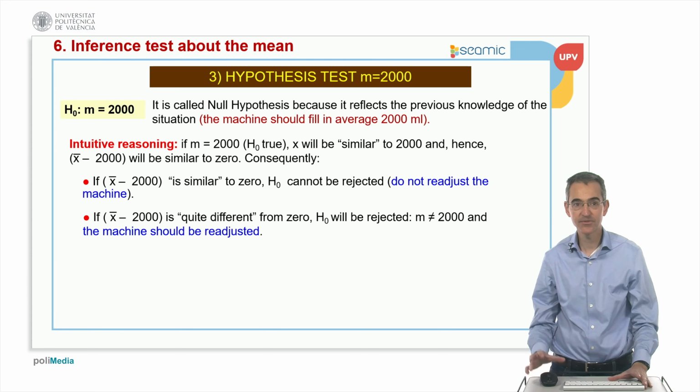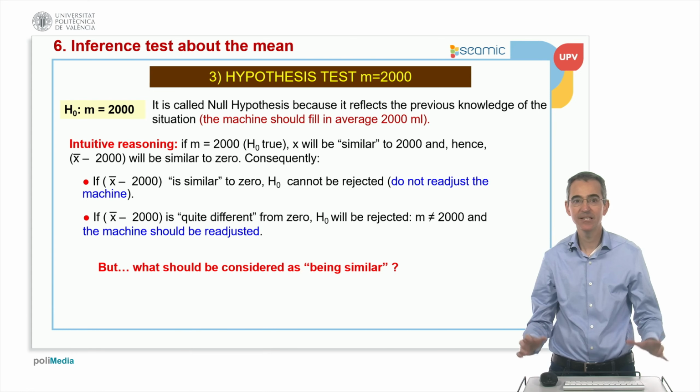But if this difference between the sample mean and 2000 is quite different from 0, a big difference, we'll say that we have enough evidence to reject the null hypothesis. So we will say that m is different to 2000, and then the machine should be readjusted.